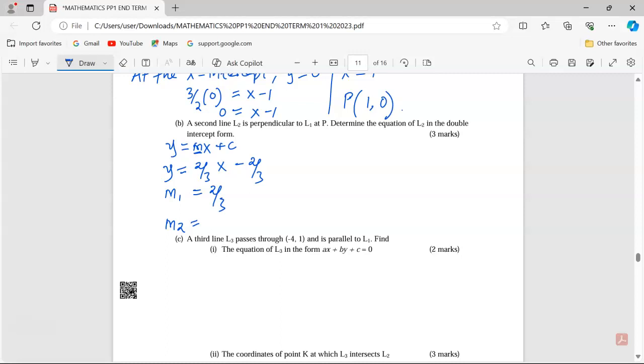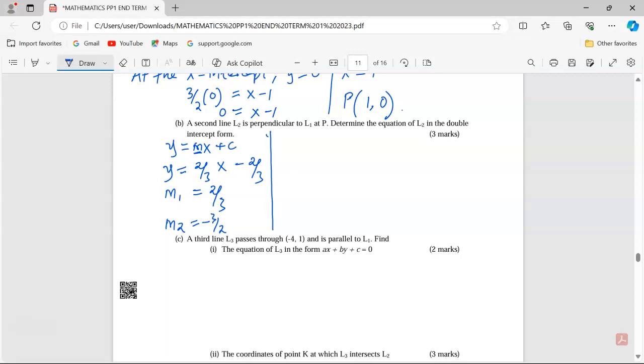Therefore, the gradient of the second line perpendicular to this one is the reciprocal of this one, so 3/2, with the opposite sign. If the first gradient is positive, then the second one is negative.